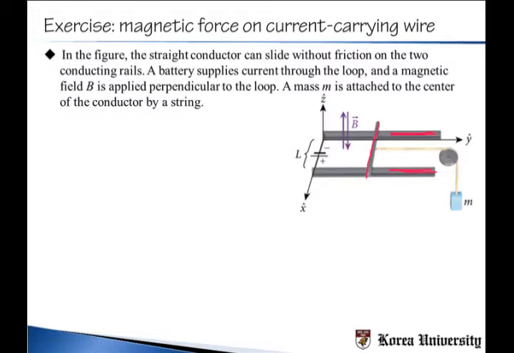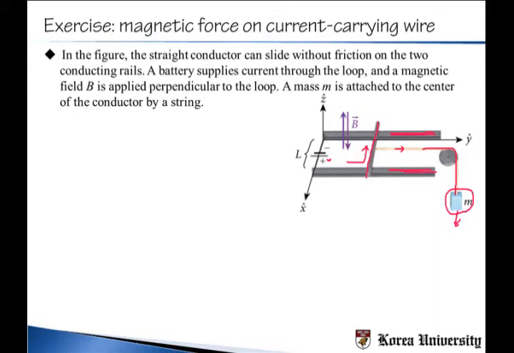It is also connected to a string and to the mass M, so by the gravitational force, it may be pulled to the right. These two rails are connected to a battery, and according to the direction of the positive terminal, the current must be flowing like this, making a loop. There is a magnetic field acting perpendicular, but we do not yet know the direction. It can be up or down, but we just know it's perpendicular.